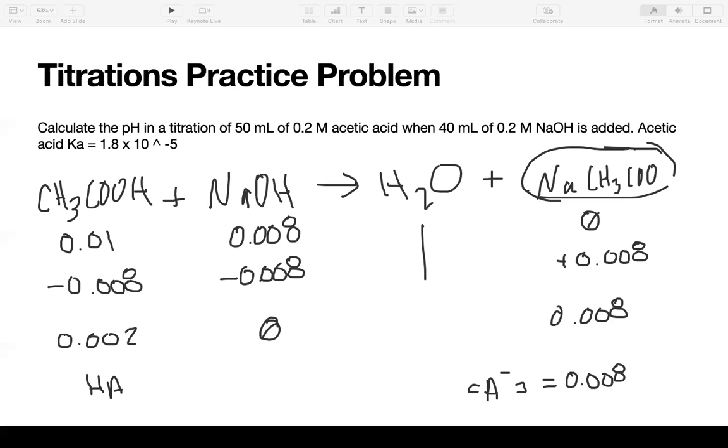We know pH is equal to negative log Ka plus the log of A minus over HA. So we go ahead and plug in these numbers, and then see what we get. And then we can compare.